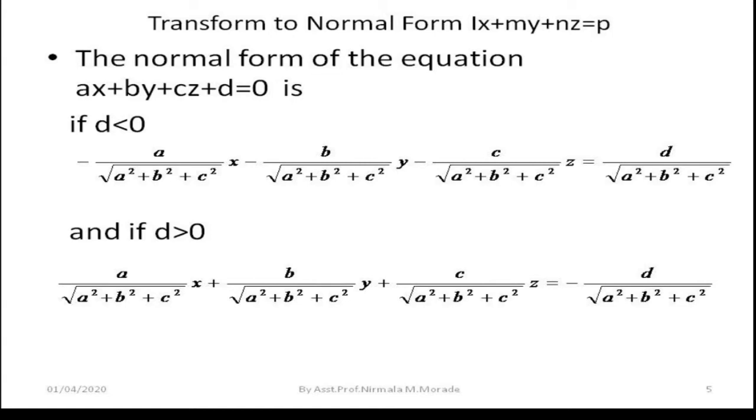And if d is positive, then we use the equation a upon the same square root into x plus b upon the same square root into y plus c upon the same square root into z equals minus d upon the same square root.